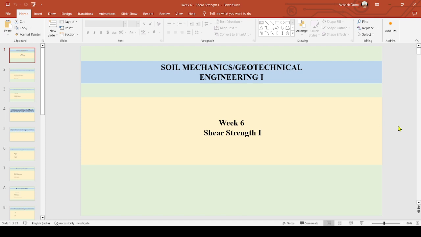This discussion has 20 questions combining MCQs, true false statements and numericals. The topic is shear strength.